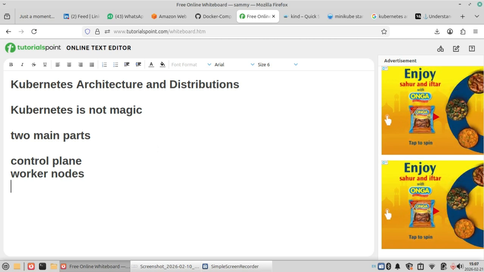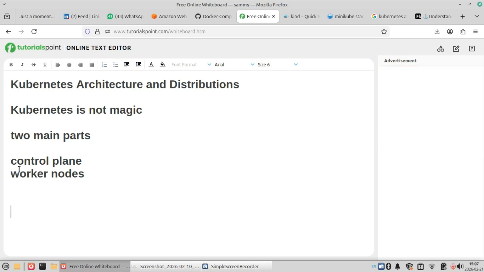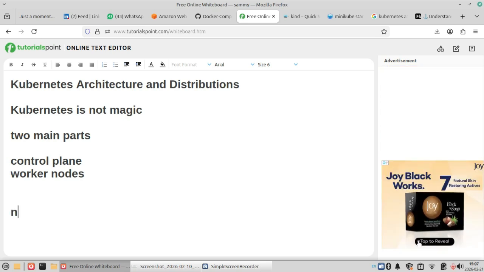A Kubernetes cluster is made up of machines. These machines are split into two logical groups, which I have already stated here, the control plane and the worker nodes. Now, what is a node?